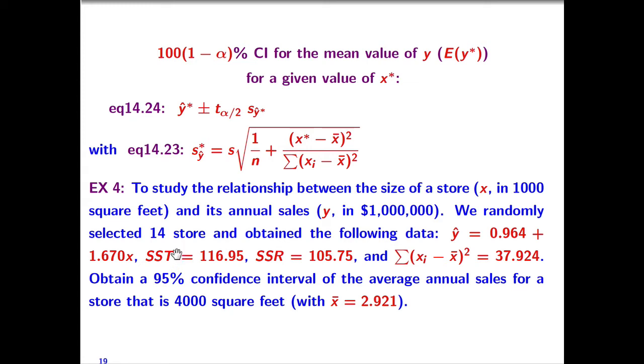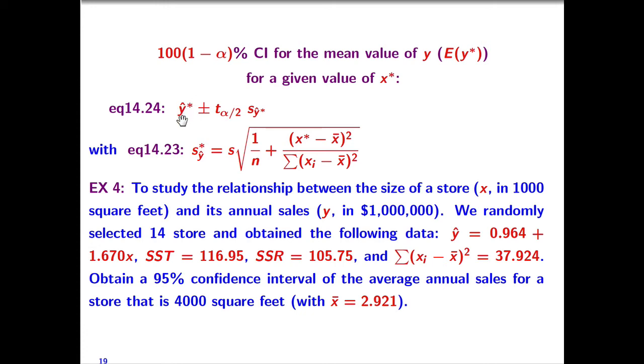Next, we consider this 100 minus alpha percent confidence interval for the mean value of y for a given value of x. And we use this equation 14.24 to find the confidence interval.